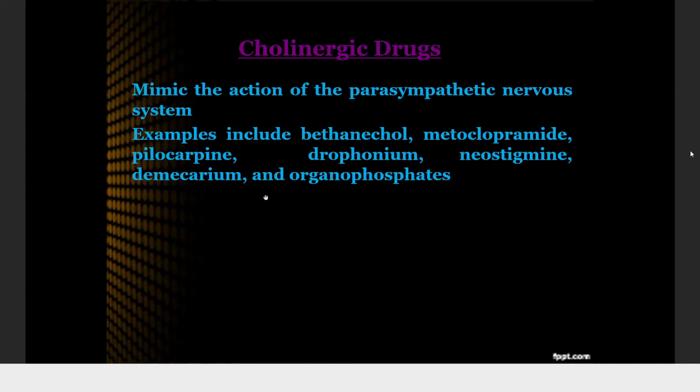It shows the effect of cholinergic drugs on each body tissue: on the cardiovascular system, the lung especially the bronchi, the GI tract, the urinary tract, the ocular, the skeletal muscles, and the glandular organs. You can get the table from the slides, I think I already uploaded this.